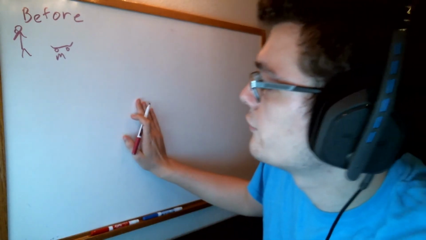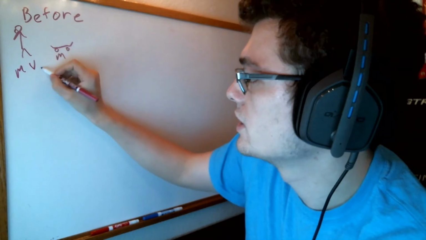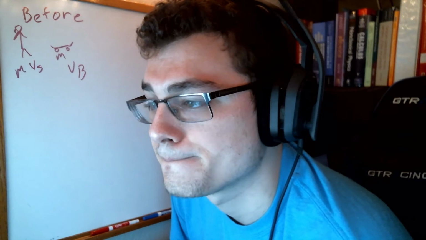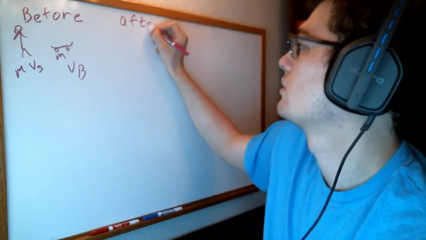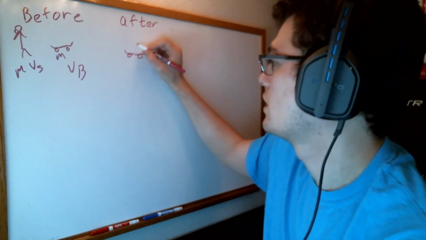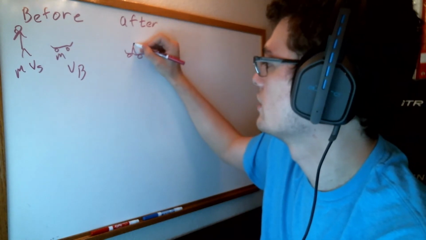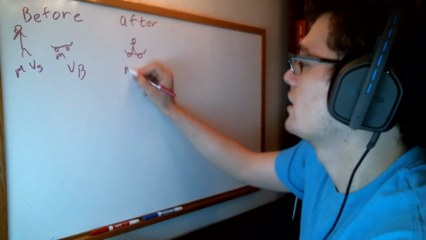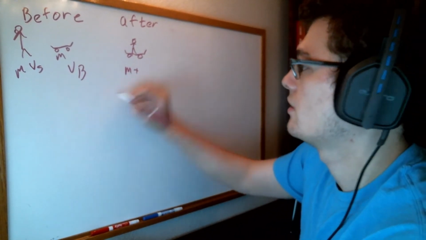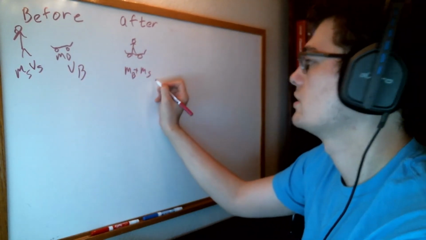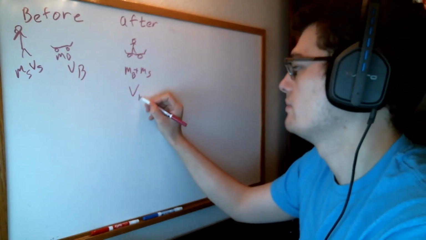And so this is before. This guy has m student and v student. And so then after the collision, or after he gets on the skateboard, we have our skateboard and our little guy here, our student getting to class. And they have a total mass of m board plus m student, and one velocity, v sb.